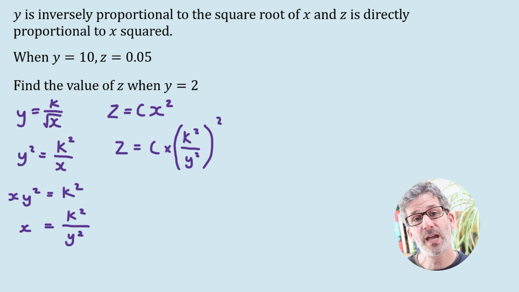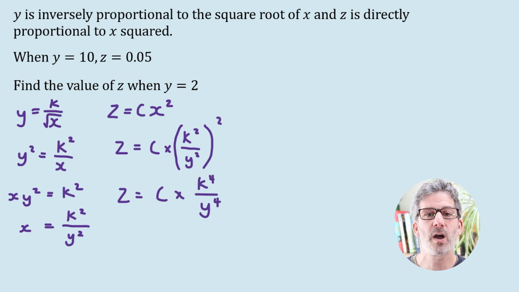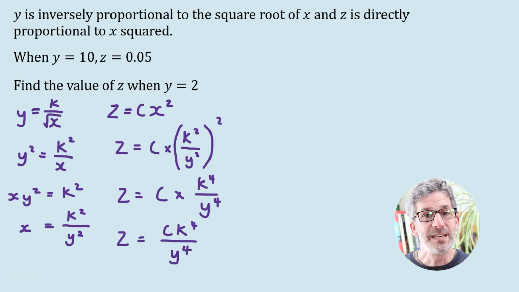If I square K squared, I get K to the power of 4, because K squared times K squared is K to the power of 4. And similarly, Y squared becomes Y to the power of 4. We now have C times K to the power of 4 over Y to the power of 4, which can be written like this. Now we've got a formula that links Z and Y.